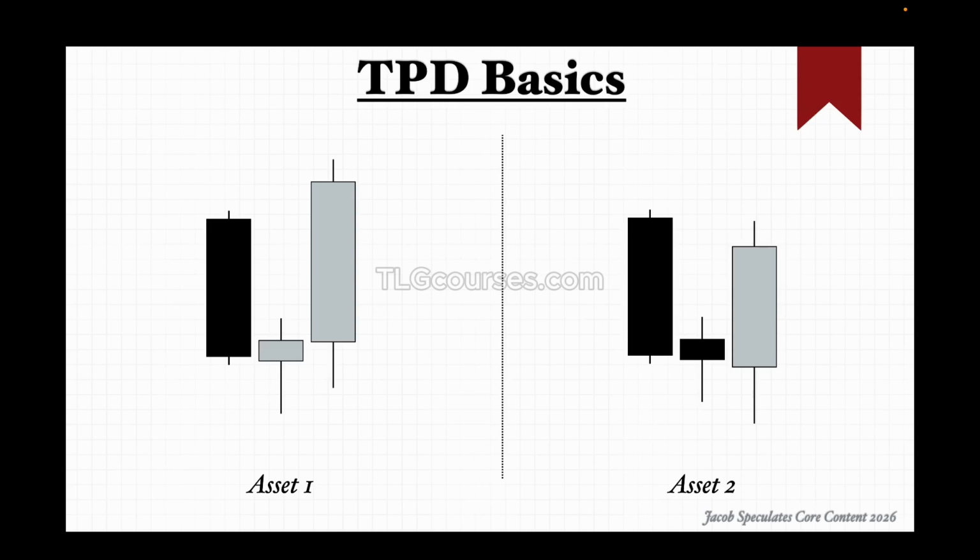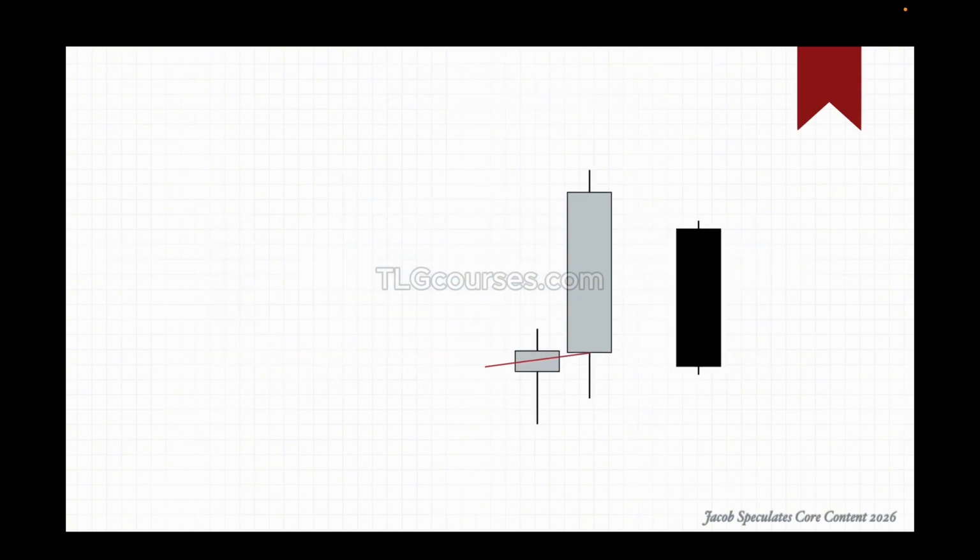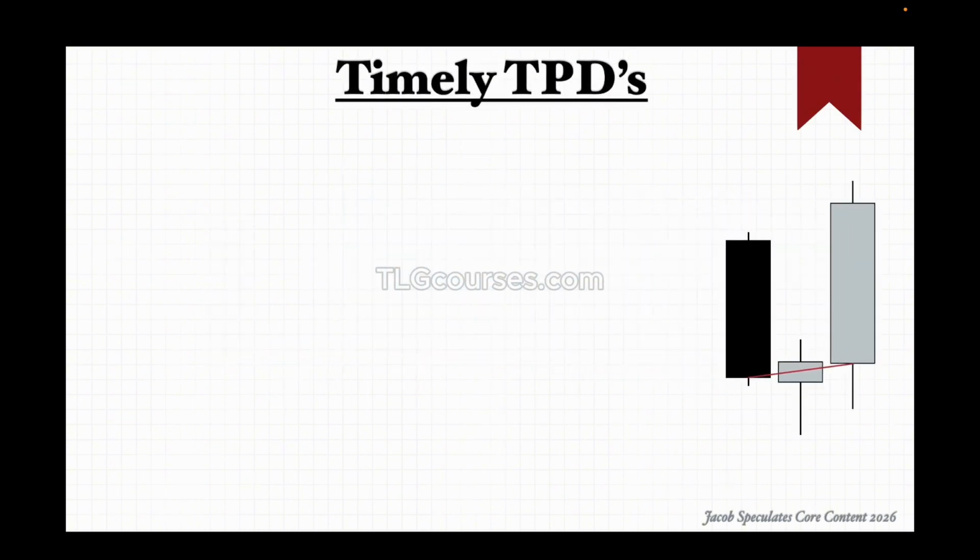So in short, a TPD is just a cracking correlation between the close of candle 1 and the open of candle 3 within the 3 candle sequence. And there's a free YouTube video on this in case you haven't seen it. I'm not going to go into too great of detail on it, but this is what a TPD is and the basics of it.